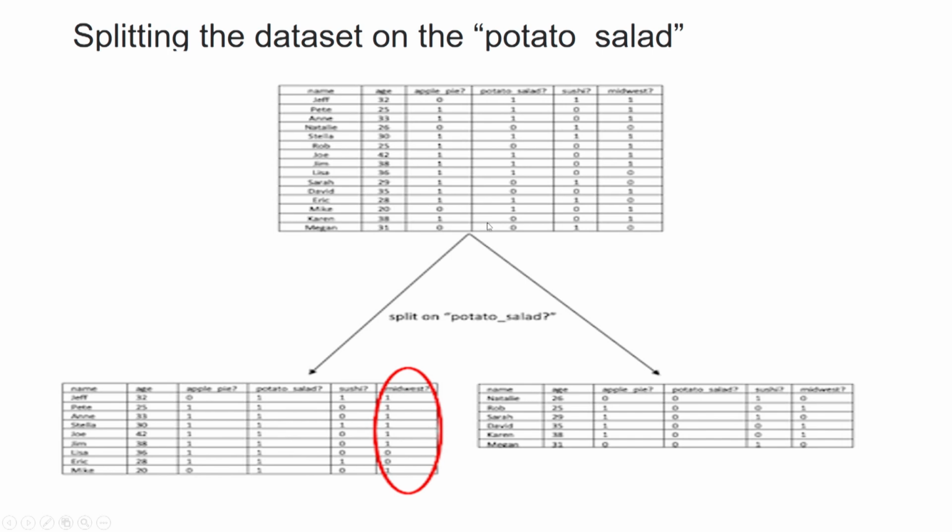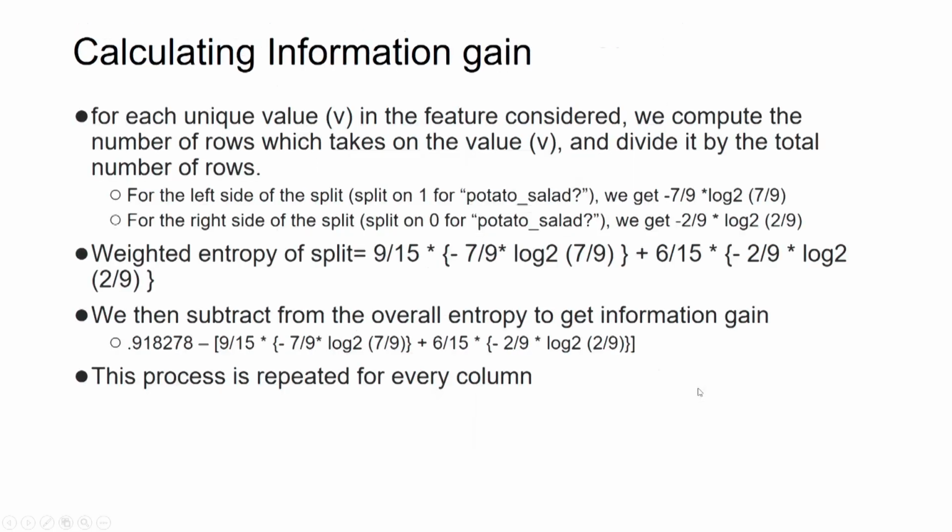When we split using potato salad, here we will have all the instances where potato salad is 1, and here all the instances where potato salad is 0. Here we can calculate the information gain again. We have already calculated the entropy of the whole data set.